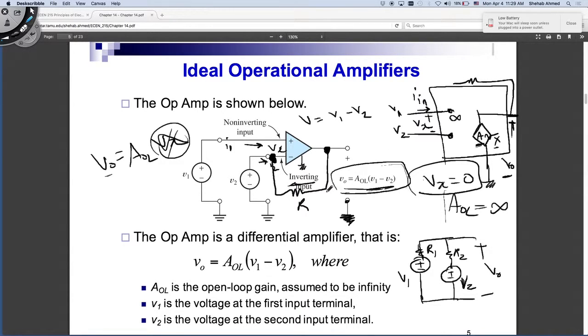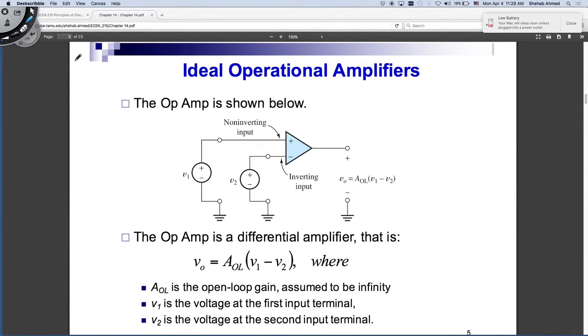This resistor is connected to my output terminal, and I'm connecting it to either this one or the other one, right? So now the output voltage is no longer just the open loop gain times the differential voltage. It's also affected by this feedback device. So we will see how this affects in more detail in the next few slides.